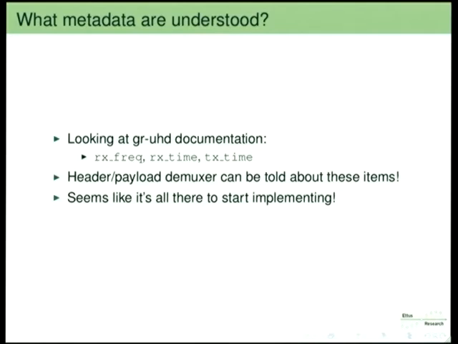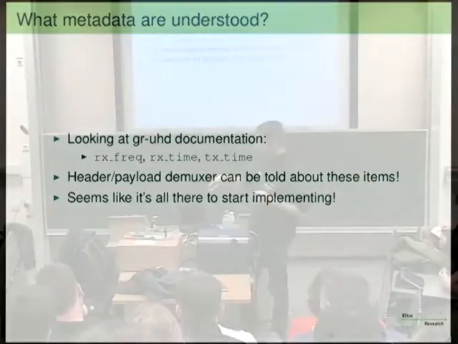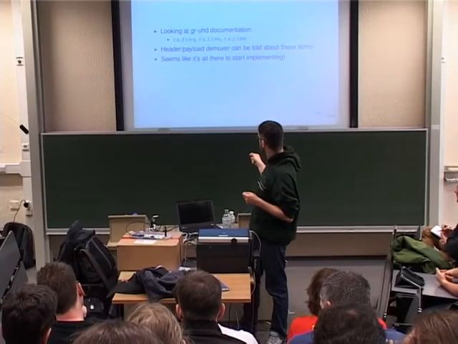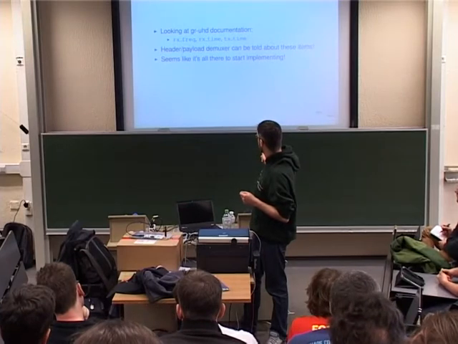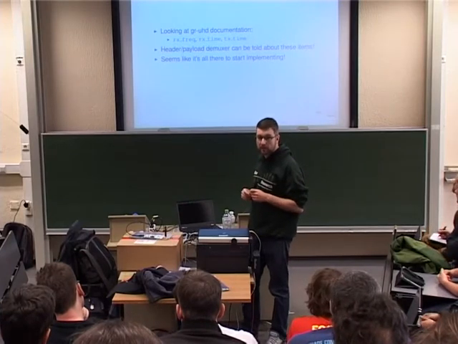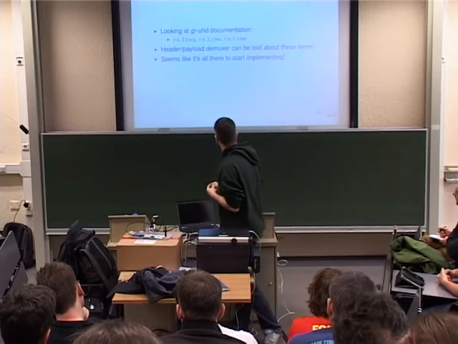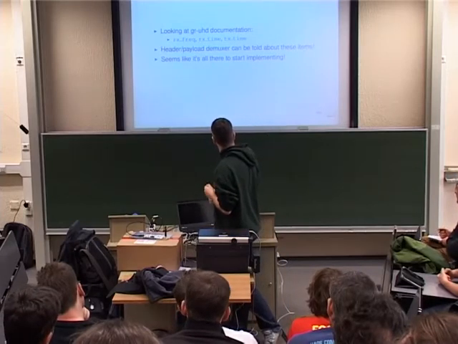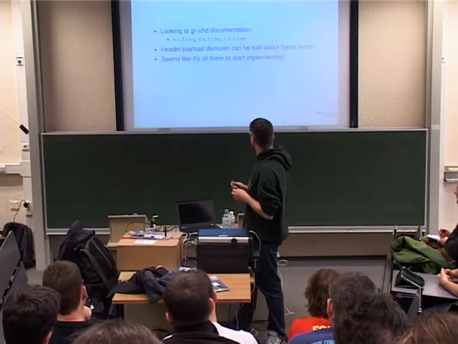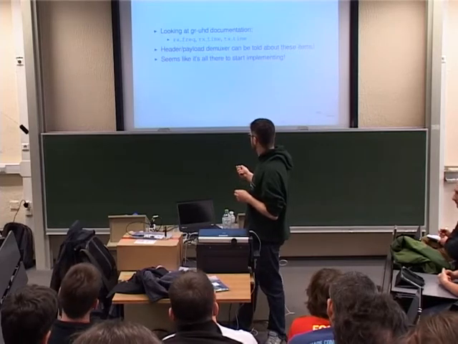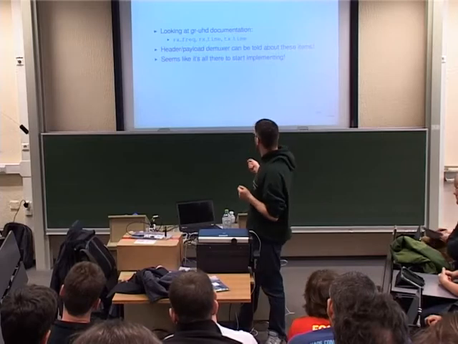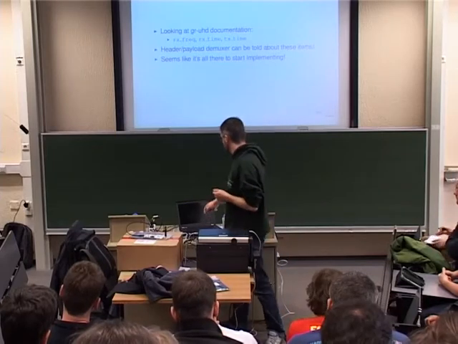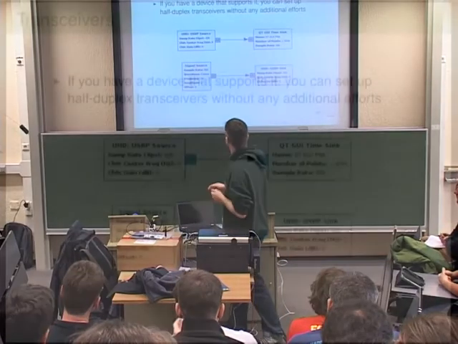If we have a look at the GRUHD documentation, which is the part of GNU Radio that speaks to my USRP, we know there are a couple of tags that have special meanings. Very interesting in this case are RX time and TX time, because they control the actual timing. The header payload demultiplexer can also understand these tags and any other tags. So it seems it's actually not that hard to go ahead and start playing around.